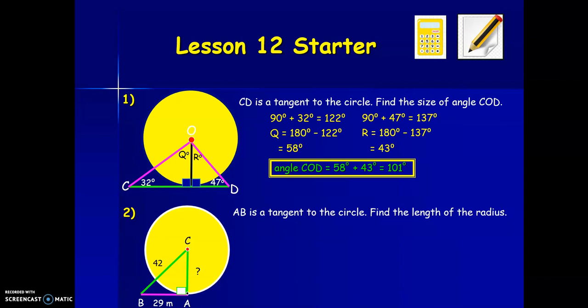We're being asked to find the shorter side of a right-angled triangle, so we would use the subtract version of Pythagoras. Filling in our values, we get AC squared is equal to 42 squared, take away 29 squared, which gives us 923, and we remember to square root that, and AC is 30.4 metres.